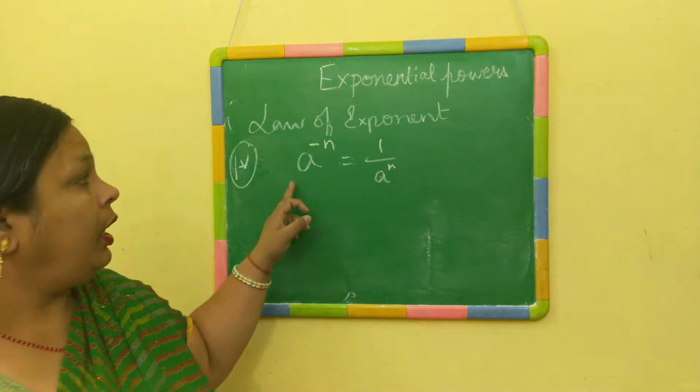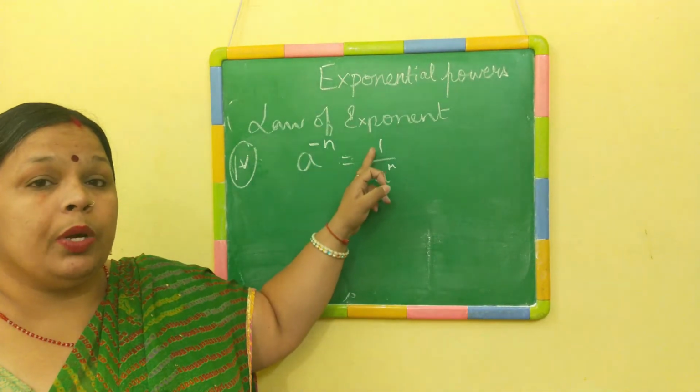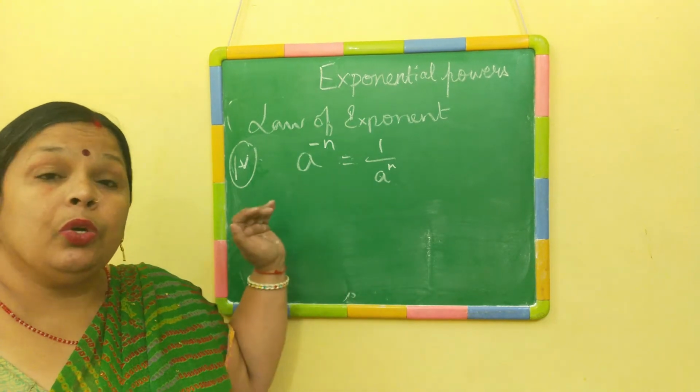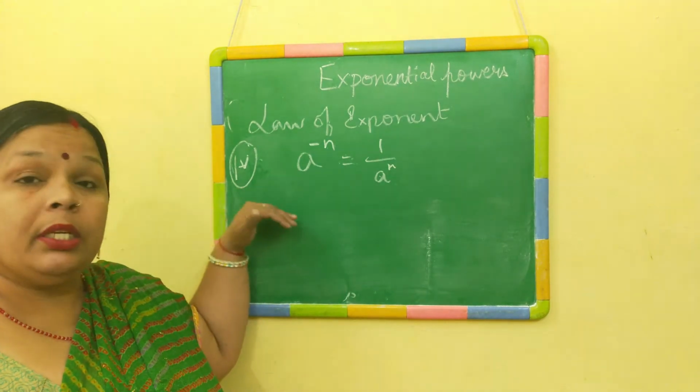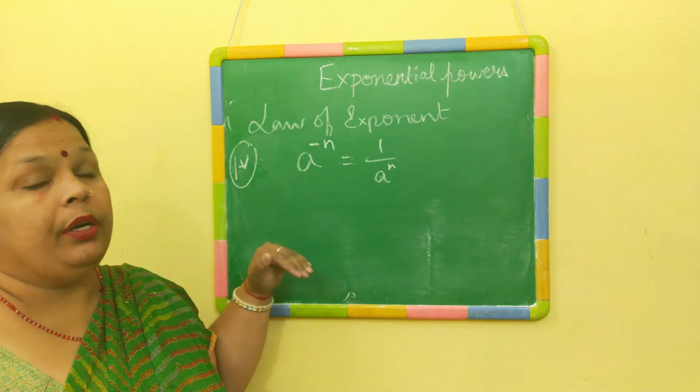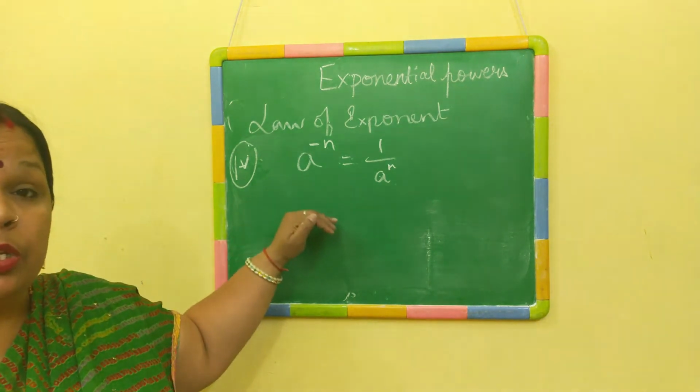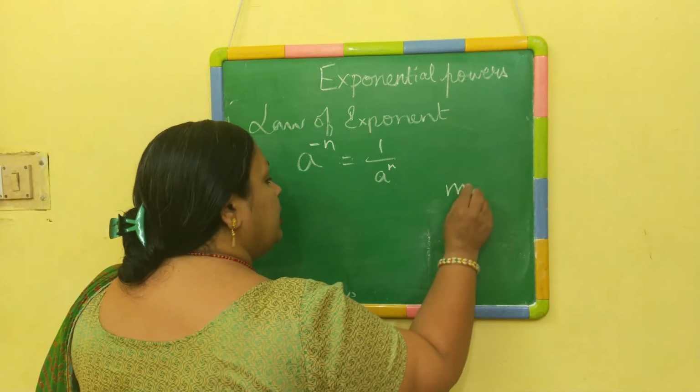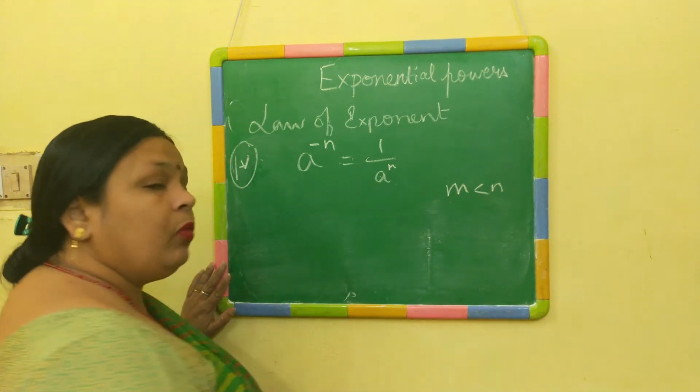Clear? A power minus n is equal to 1 upon a power n is your fourth law, and this is taken for granted. Now, based on this, if m is less than n, then what will we do?